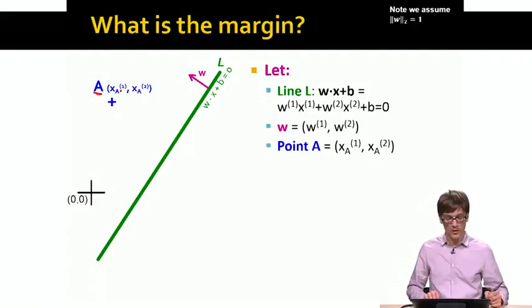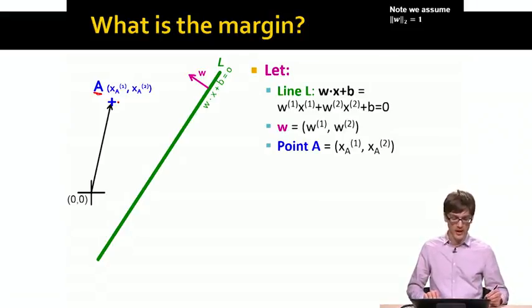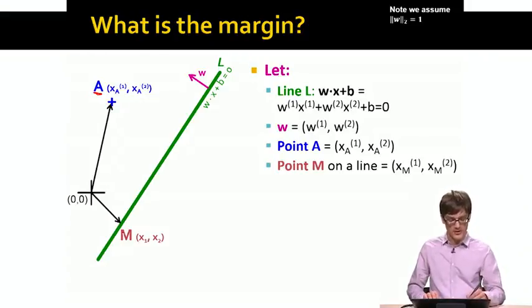Our goal is to ask: what is the margin of this data point? How far is this data point from the separating plane? How do we compute that? Let's first think of the location of A as a vector pointing from the coordinate origin up to the point A. Let's also define another point M that is somewhere on the line.